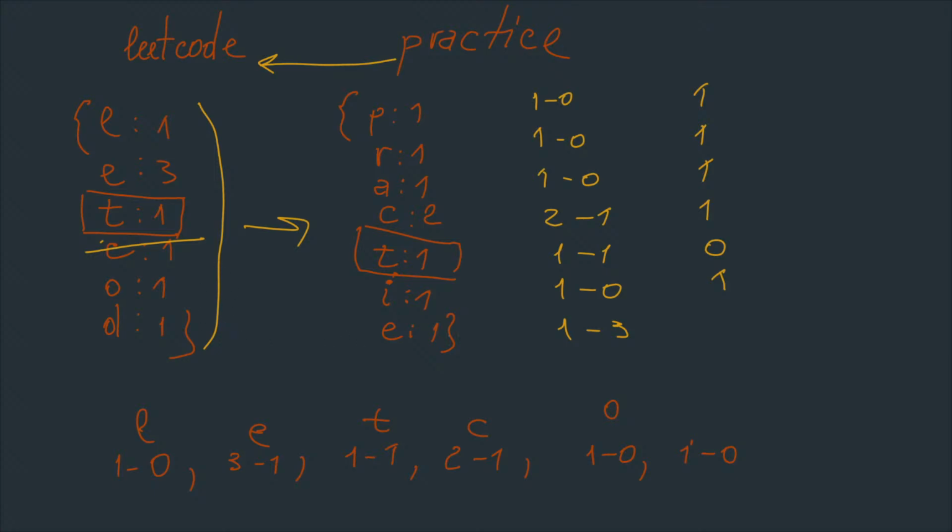So this will be as well 0, I guess. So if we sum all the things we need to make A into B, this will be 5, or our result.